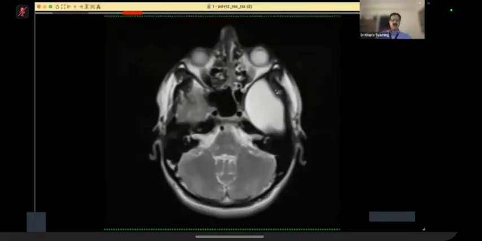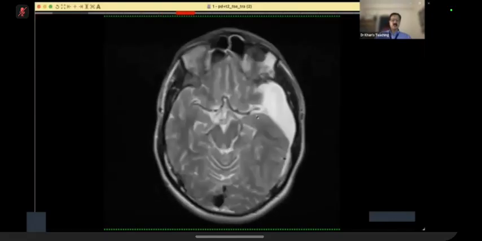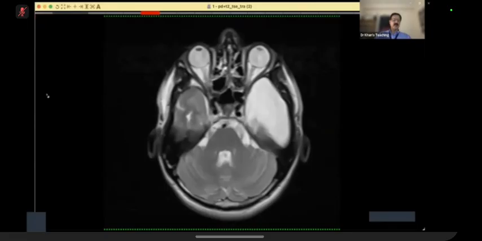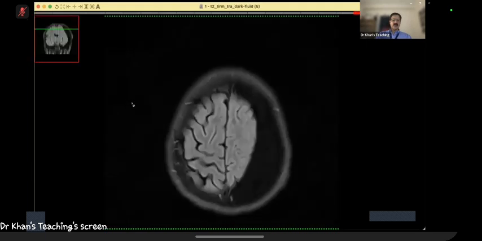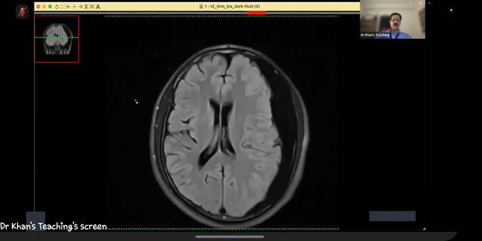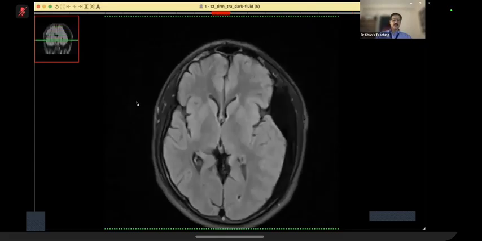Here you can see that it is displacing the temporal lobe. If you go to other sequences, there is nothing much to add. Arachnoid cyst can also present with hemorrhages, etc. It was not like that.